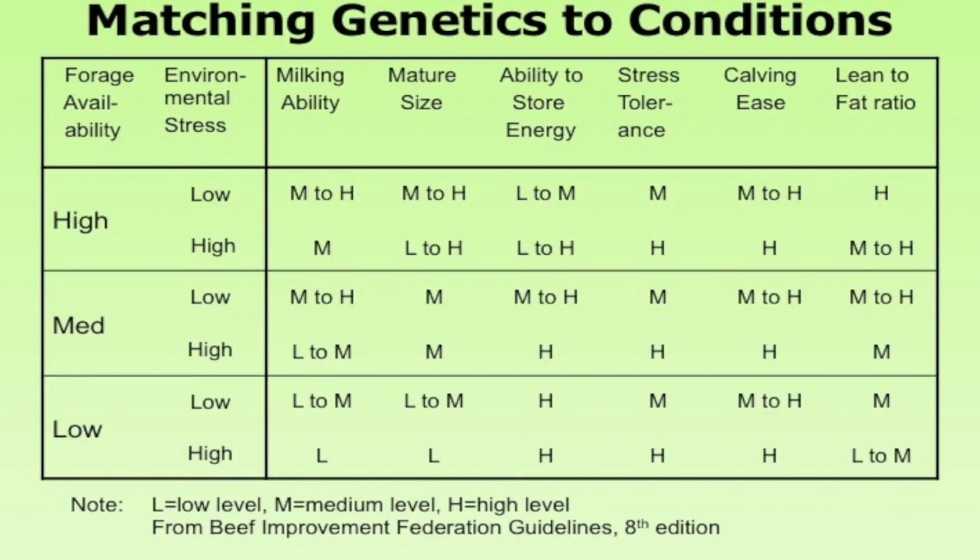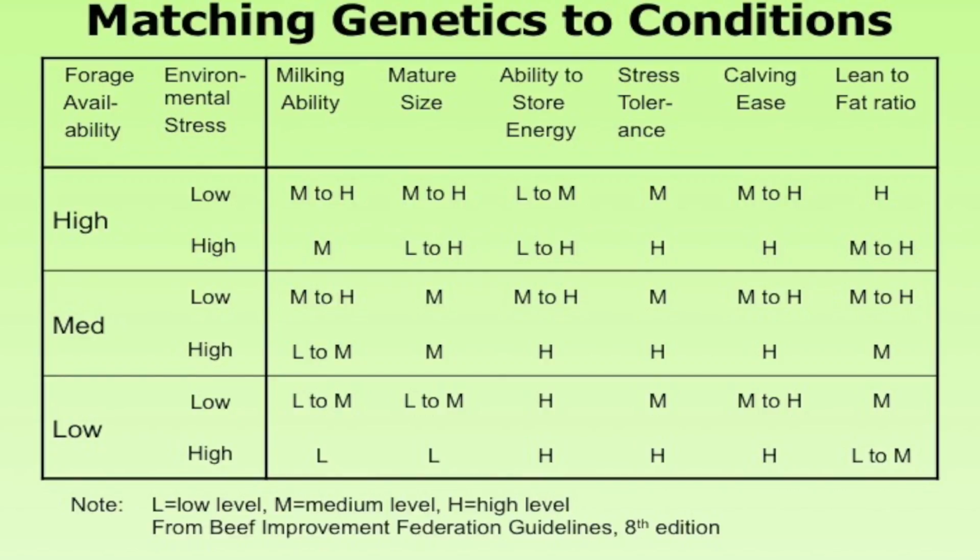All right, so this next slide talks about matching genetics to the conditions. As you can see, forage availability is high, medium, and low, and then our environmental stresses, and some of the traits that we look for: milking ability, mature size, ability to store energy or fleshing ability, stress tolerance, calving ease, and lean to fat ratio. Dr. Steve Hammock, one of our professors here and beef cattle specialist, developed this and put this together.